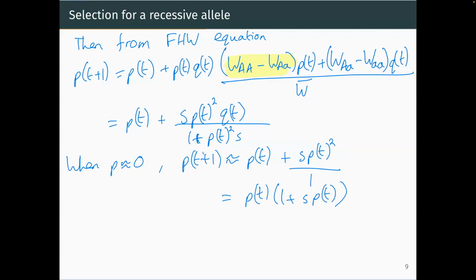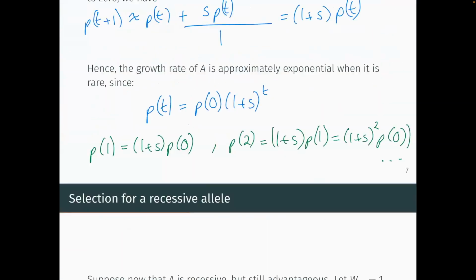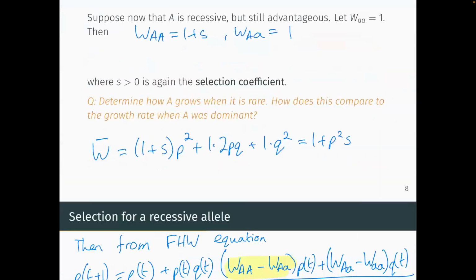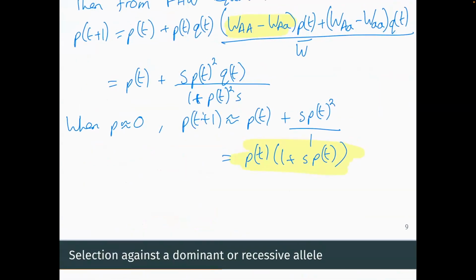Okay. So what can this tell us then about the growth of a recessive allele versus a dominant allele? Well, these two things were quite similar. This thing we ended up with here is quite similar to what we had up here, with the exception that here we just had a 1 plus S, so this is just a constant, whereas down here, we had 1 plus S times P of t.